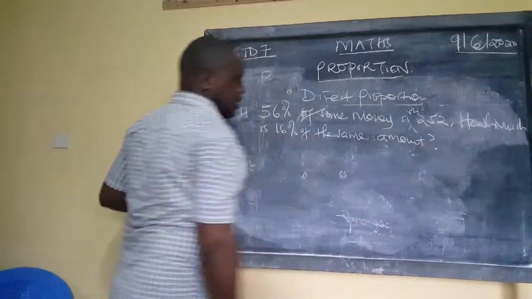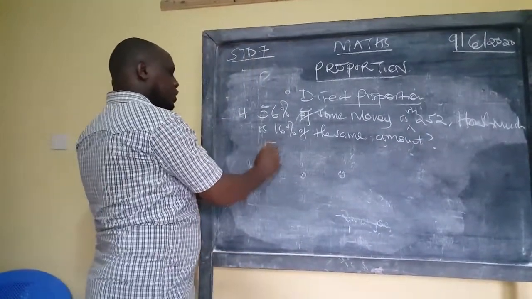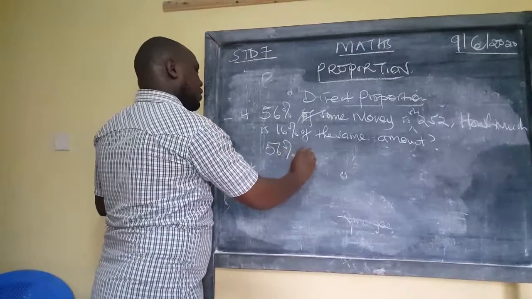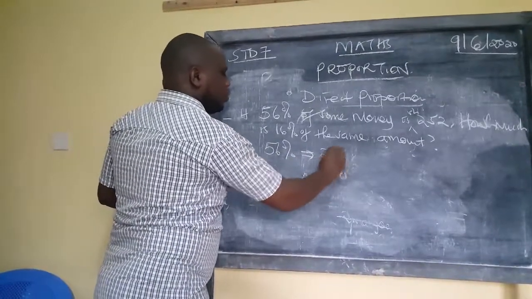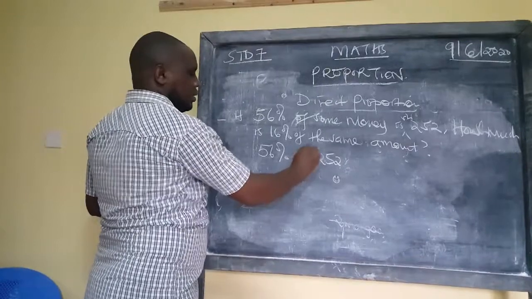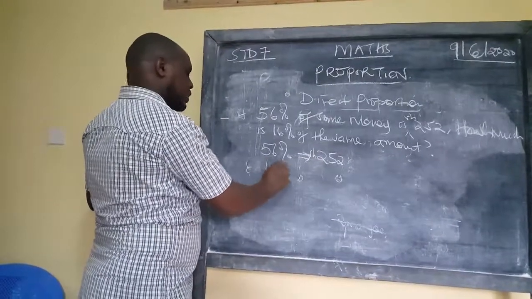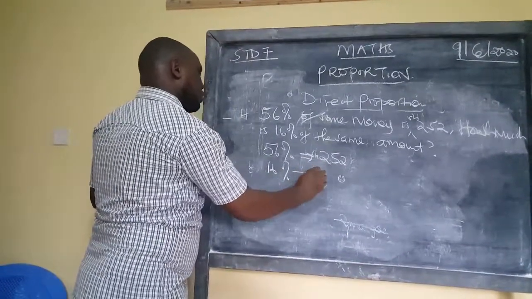We are just comparing the same money. So you say if 56% is the same as 252 shillings, what about 16% of that money, what amount?